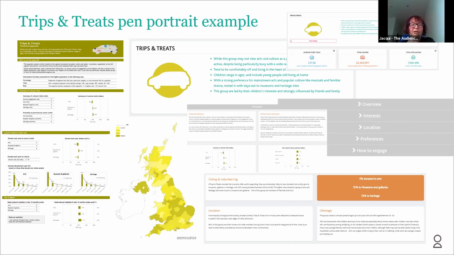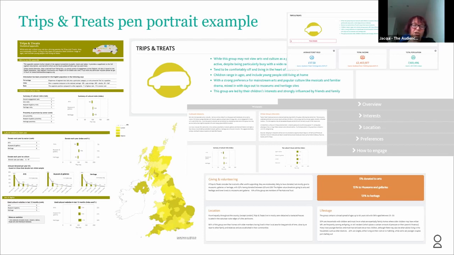And if you're planning a program of activities, what are the hooks that might be meaningful and interesting to people? What their preferences are in terms of their cultural engagement, what the routes are to engage them. So what sort of channels and messaging is likely to be most effective for them, where they are, which is really important. All of the segments are locatable geographically, so you can see where they are in your area.